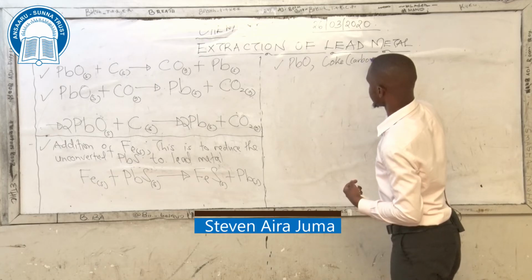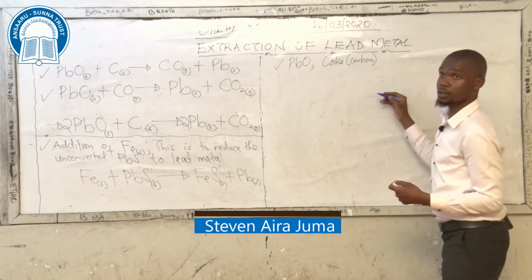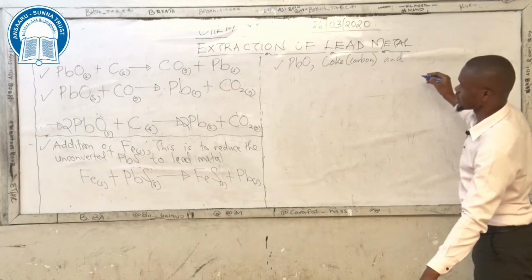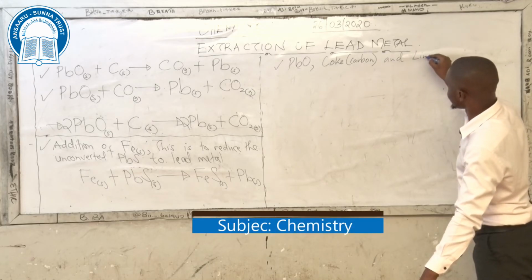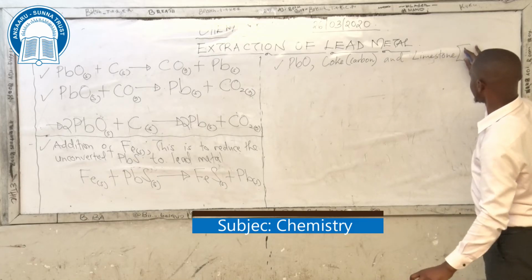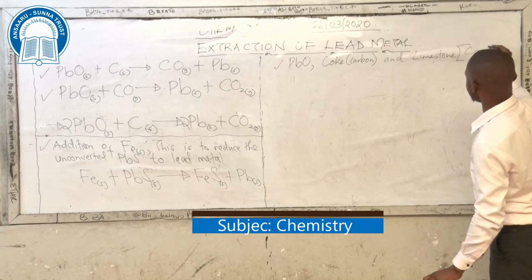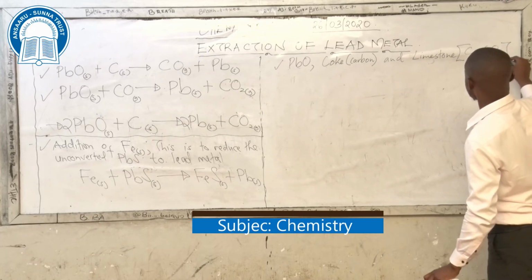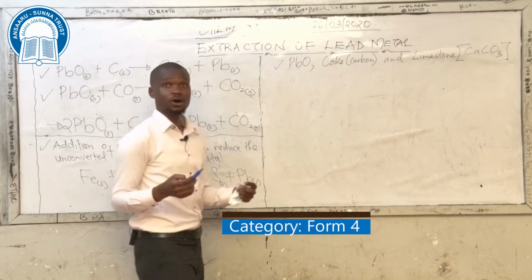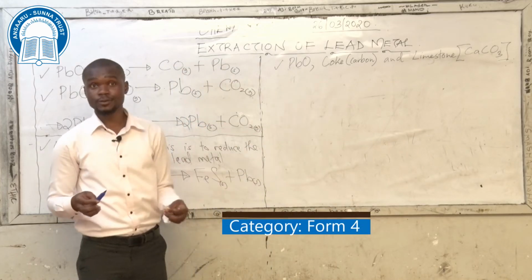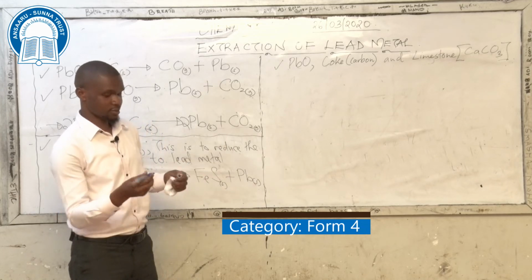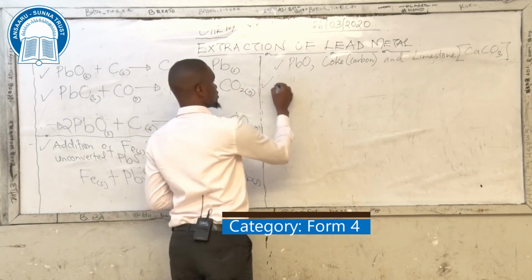We have also discussed the fate of coke. The only other thing we have not discussed is limestone. Limestone is majorly calcium carbonate. What is the fate of limestone in the furnace? This is what happens to the limestone.